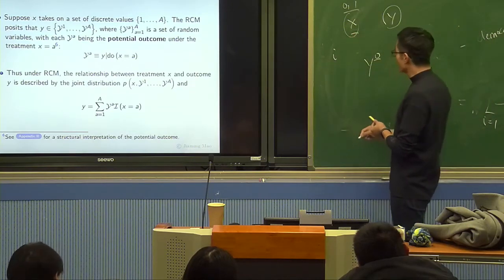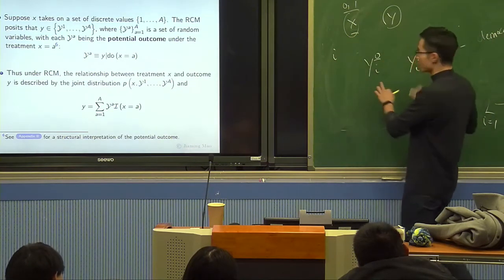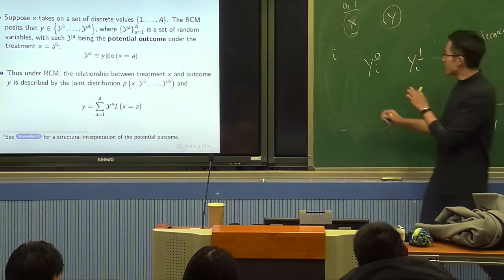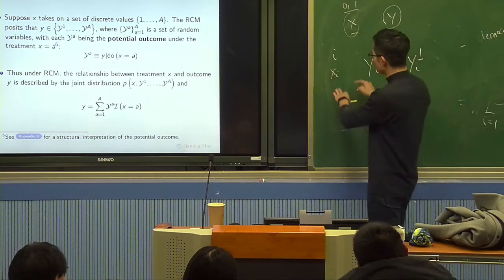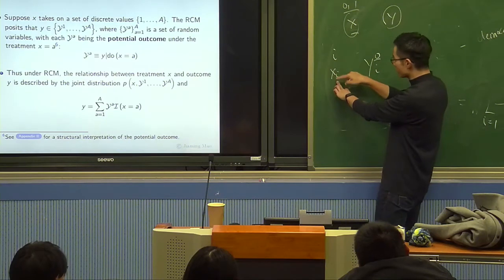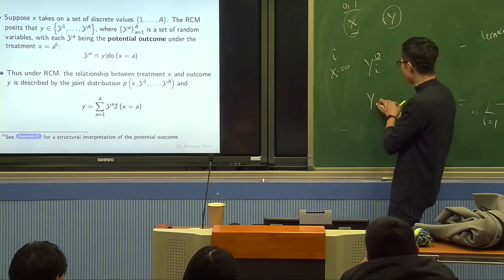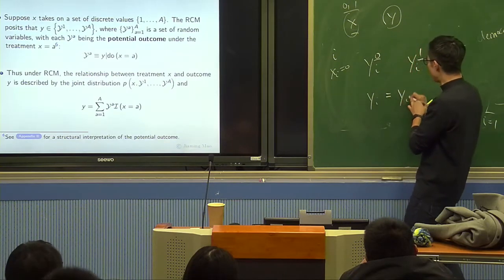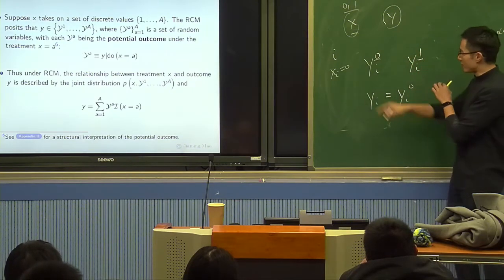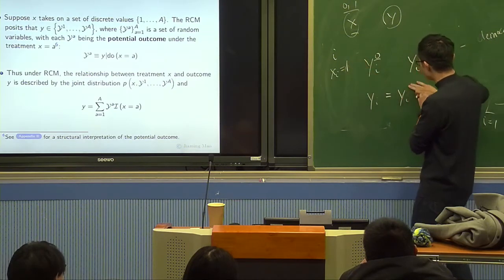For each individual, we can define yi1 and yi0. If xi, the treatment this person i gets, equals 0, then the outcome yi will be equal to yi0. If xi equals 1, then the outcome is yi1.